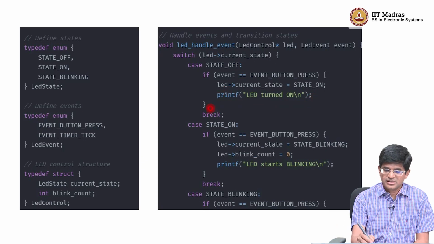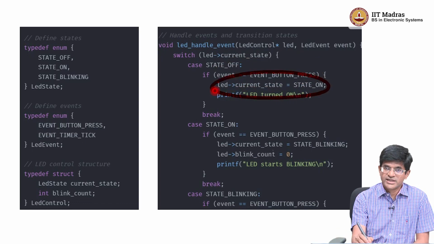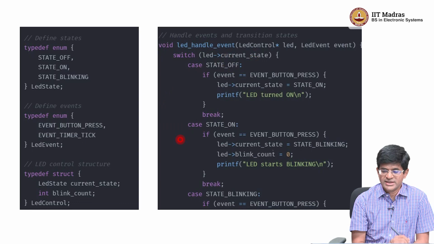In other words, if I go through this switch statement and I'm currently in the off state and I find that the event button has been pressed, my state will change to state on, which means that the next time I come in here as part of my loop, I'll see that the LED current state is not case state off, it is state on instead.